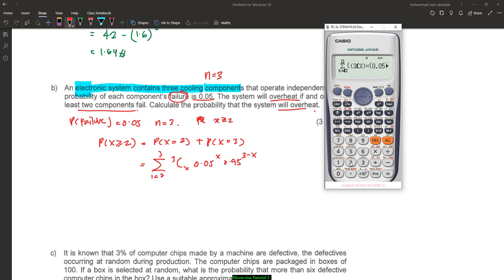This is from 2 to 3 because we have only 3 components.